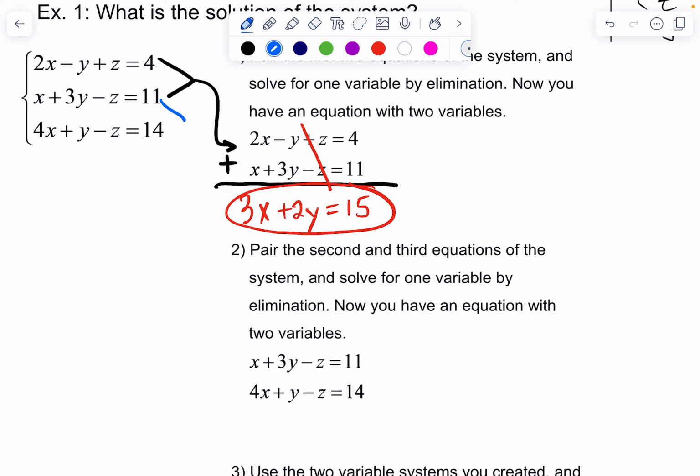Next step, number 2. You're going to take the second and the third equations, and once again, you're going to solve, but this time you have to eliminate the same variable that you eliminated in the first step.